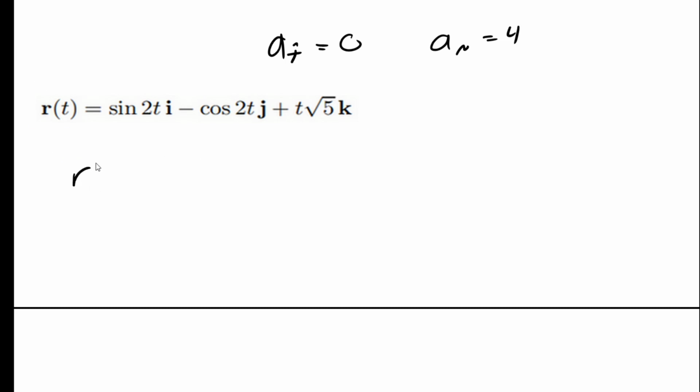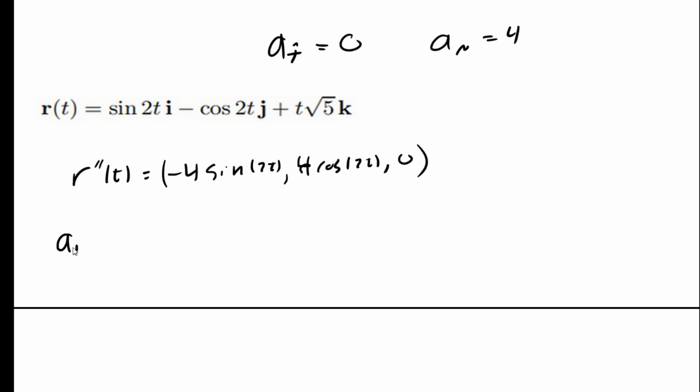R double prime, so I do the second derivative, that's going to be negative 4 sine of 2t, positive 4 cosine of 2t, and 0. Okay, so I can do the projection of this onto the tangent vector and the normal vector.